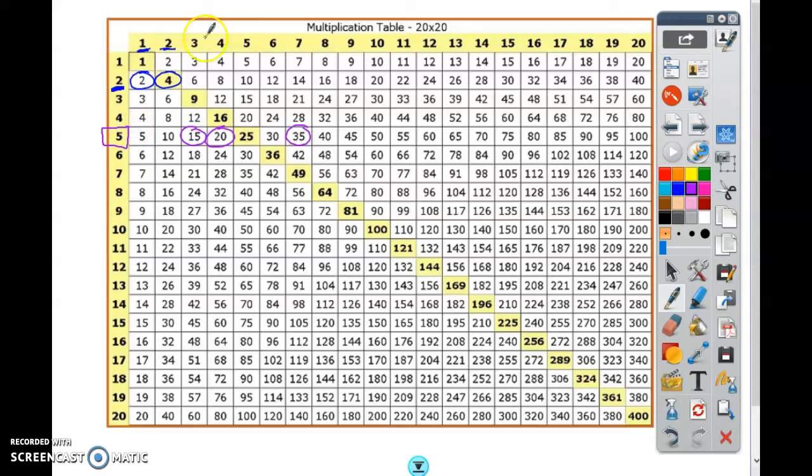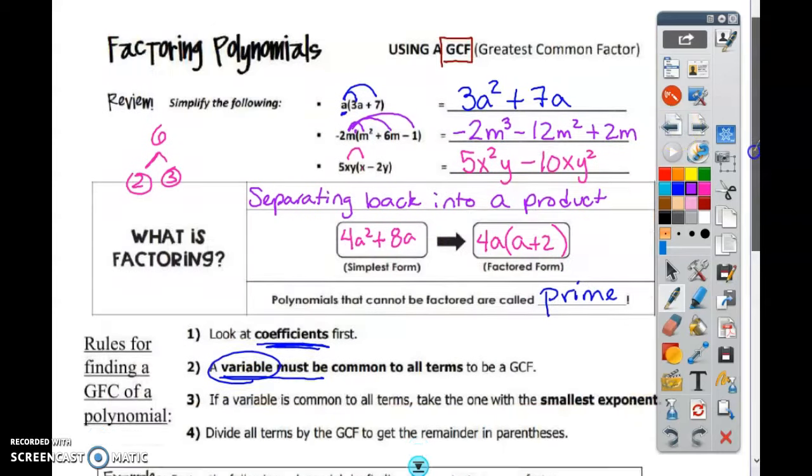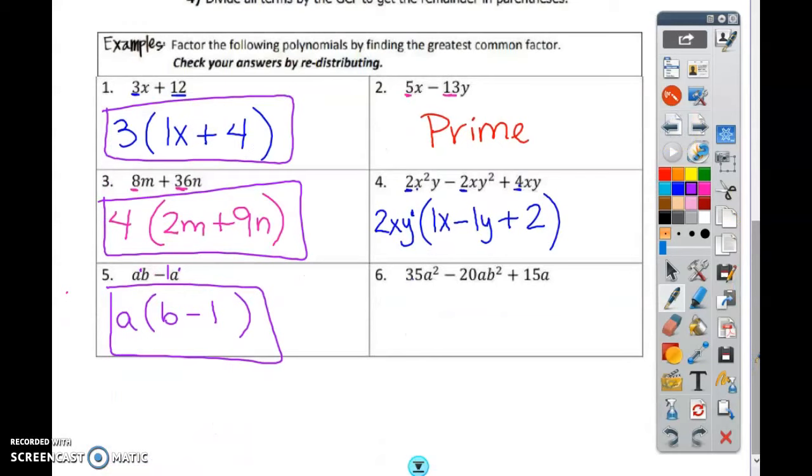Okay, and I will be left over with 7, 4, and 3. So, I'm going to take out a 5. What else do they have in common? They all have an A. Right? There's 2 here, there's 1 here, and there's 1 here. So I can also take out an A. Factor out an A, right?